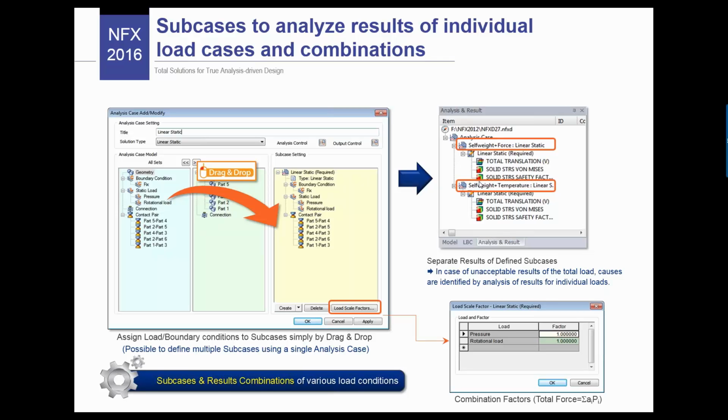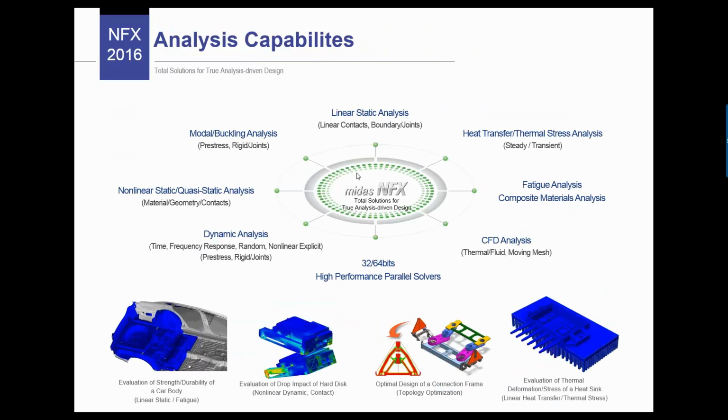You can build everything in one unique model, and in this subcase window you can dispatch the loads in different subcases, and then when you launch the analysis it calculates everything at once. That's very useful as well. Then you can also put a load scale factor. So if you are using codes or something, you can also use this feature. It's very useful.